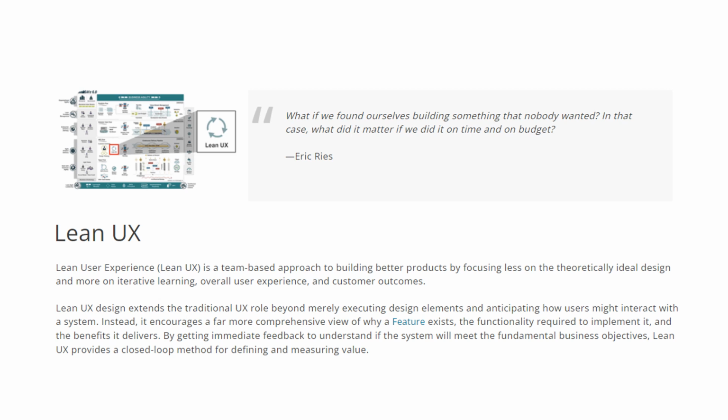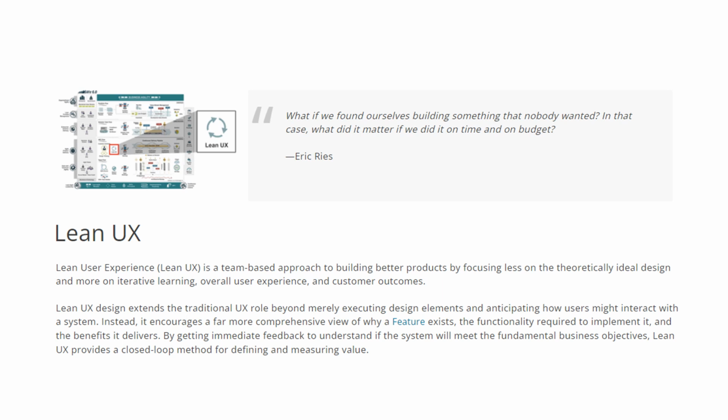Lean UX design extends the traditional UX role beyond merely executing design elements and anticipating how users might interact with the system. Instead, it encourages a far more comprehensive view of why a feature exists, the functionality required to implement it, and the benefits it delivers.